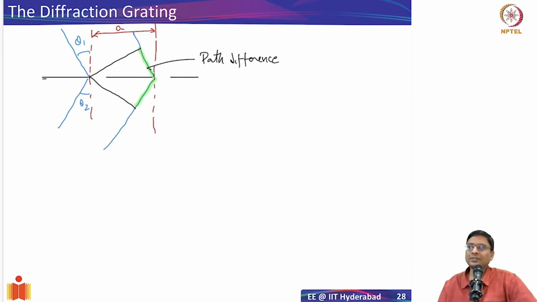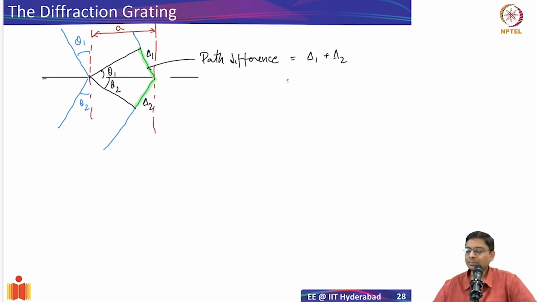What do we mean by path difference? It's the extra distance that the second wave is traveling because of geometrical arguments. Now this is a theta, so I can immediately say this is 90 minus theta, and this is going to be theta 1, and this is going to be theta 2. For the first medium I can label this delta 1, and the second medium delta 2. So my path difference is going to be equal to delta 1 plus delta 2.